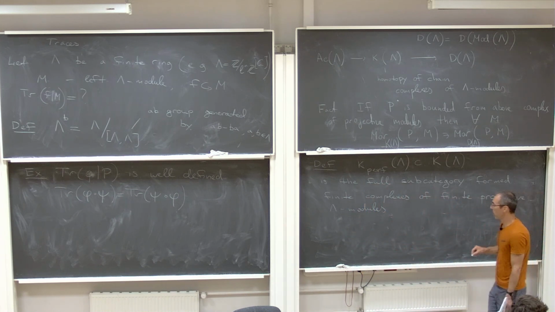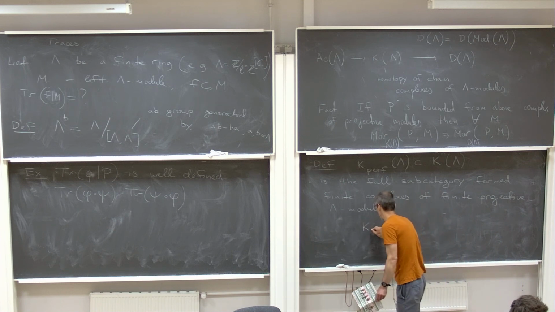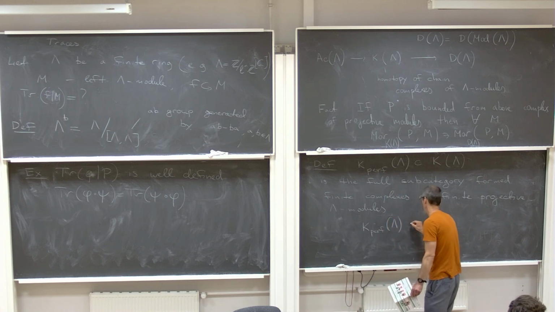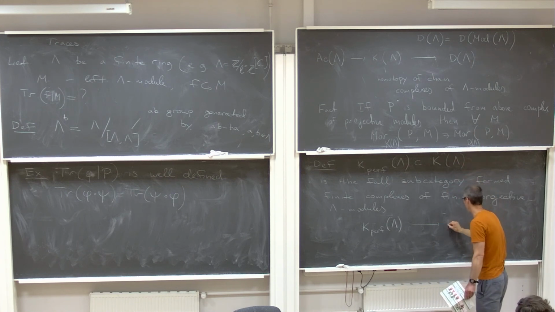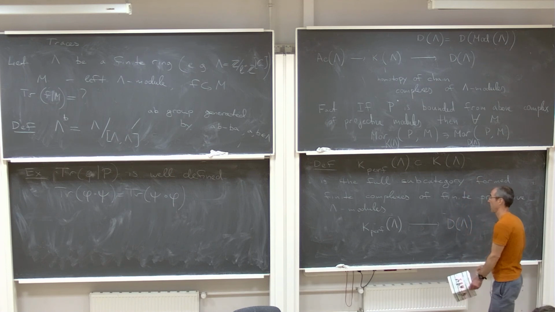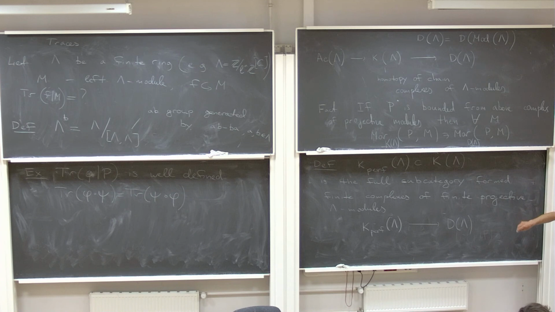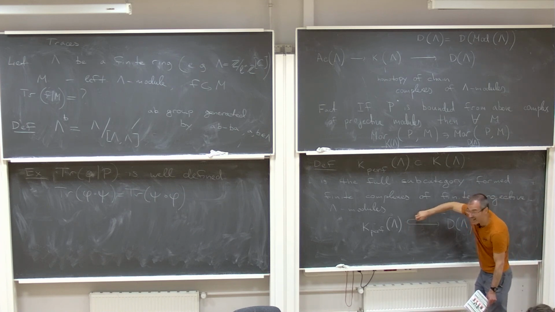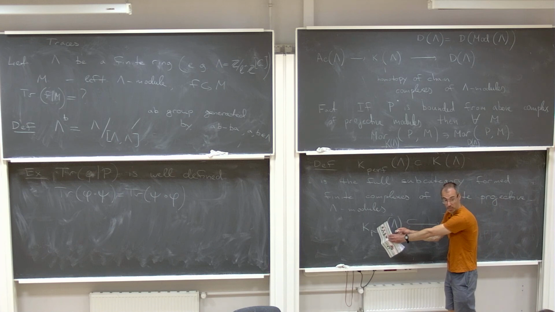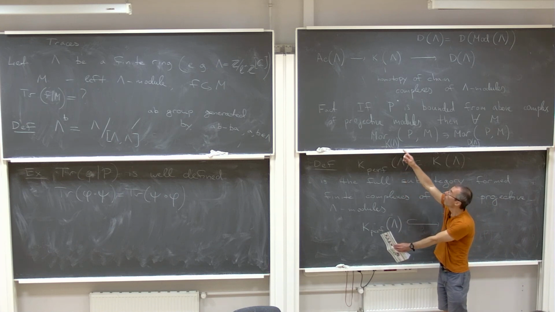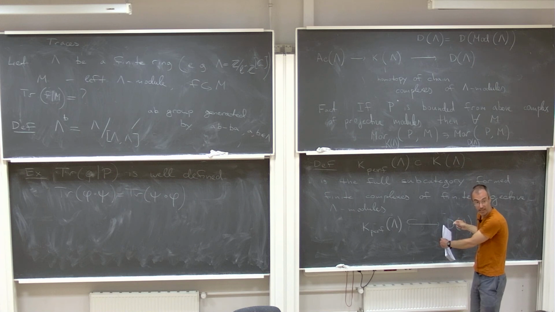Okay, so now this K perf of lambda is a full subcategory of K. That K itself maps to the derived category. And by the fact that I mentioned here, this is a fully faithful embedding. Why? Because a morphism between finite projective complexes in the homotopy category is the same as a morphism in the derived category.